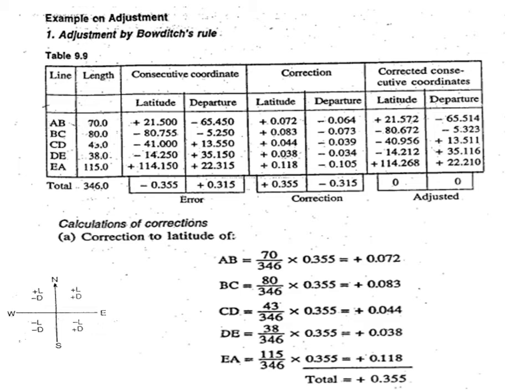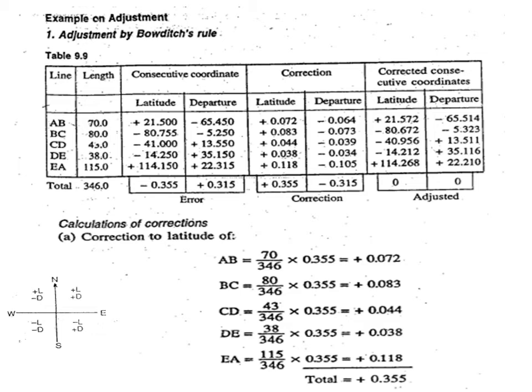Similarly for DE, length of line divided by perimeter multiplied by error, so it is 0.038. Similarly for line EA, the length of line EA is 115 and the perimeter is 346 and the total error in the latitude is 0.355. So the correction to the latitude is 0.118. So the total error becomes 0.355.